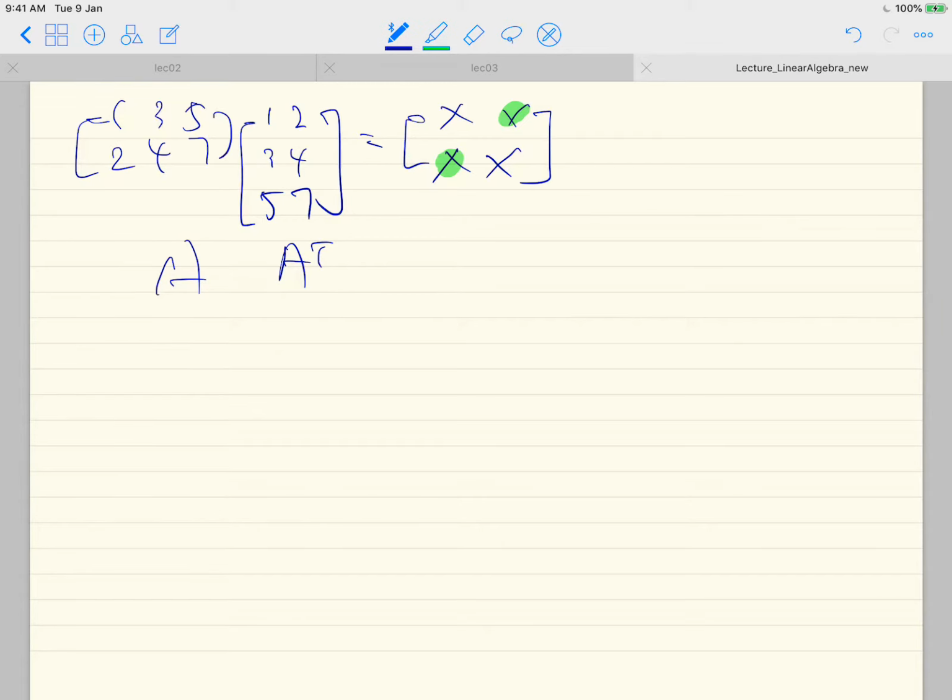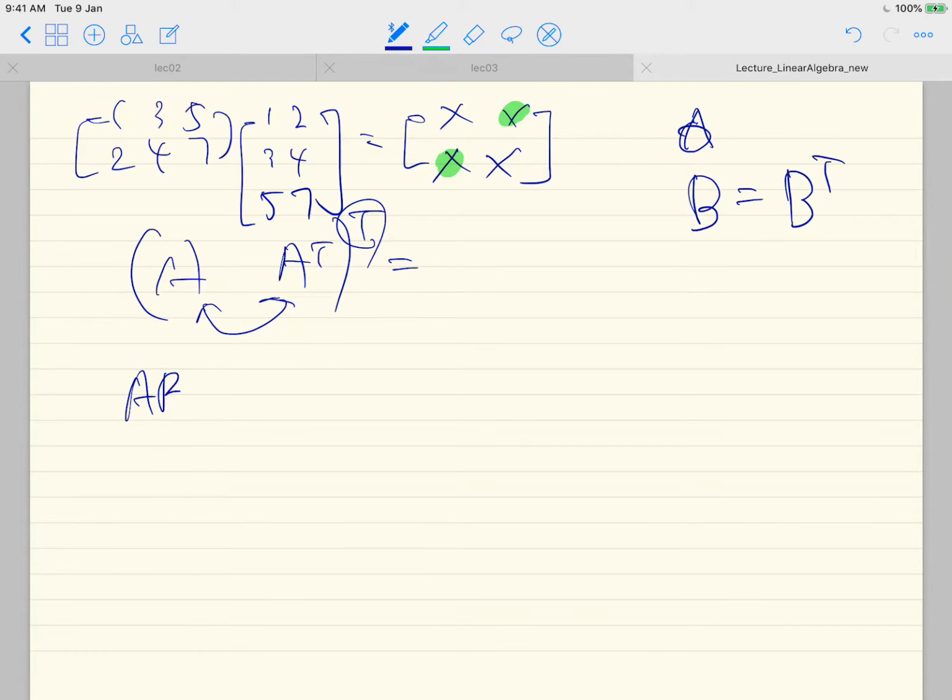Okay. And also it can be proved in the following way. Suppose we are given the matrix B, and B is symmetric, and then B should be equal to B transpose, right? Given B as AA transpose, let's transpose it, and this transpose operator will just change the order between them.